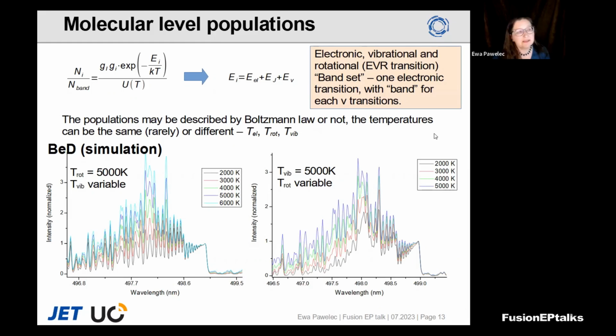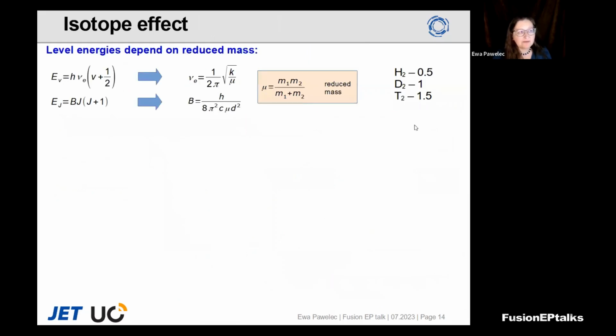So a band is one electronic transition, and these are band sets, and there are bands from different vibrational transitions, and then there are lines, rotational lines, within those transitions. One very important thing in the case of molecules is that they have a very strong isotope effect.